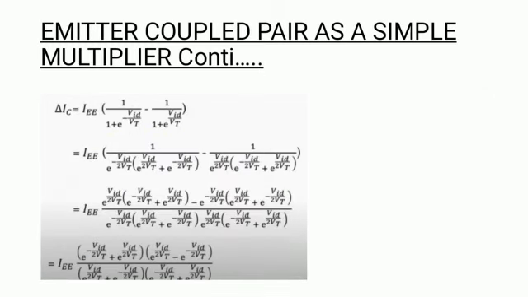By cross multiplying, we get IEE into e raised to VID by 2VT into e raised to minus VID by 2VT plus e raised to VID by 2VT minus e raised to minus VID by 2VT into VID by e raised to 2VT plus e raised to minus VID by 2VT, the whole divided by e raised to minus VID by 2VT into VID by e raised to 2VT plus e raised to minus VID by 2VT into e raised to.